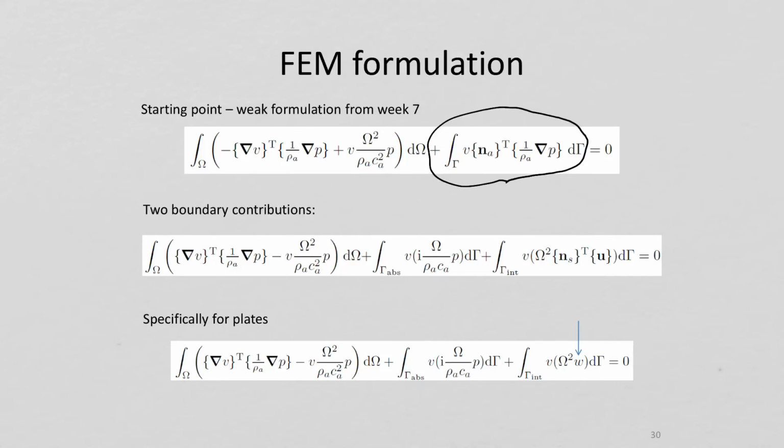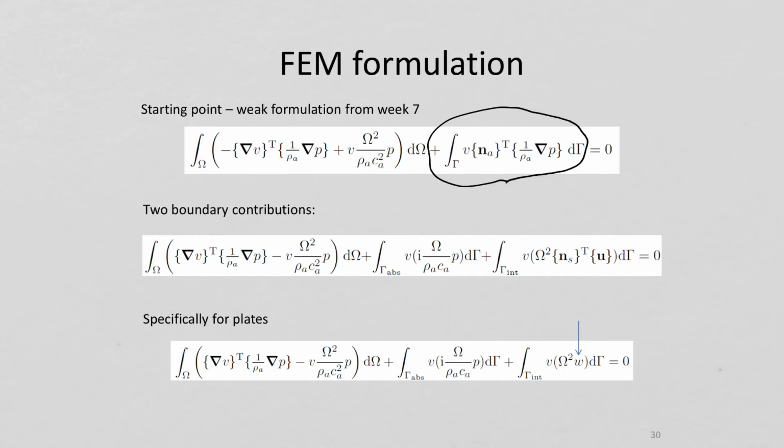But this part represents the boundary term that comes from integration by parts. For the hard wall boundary conditions, this expression simply vanishes. And also for the pressure release, we implement our boundary conditions later.